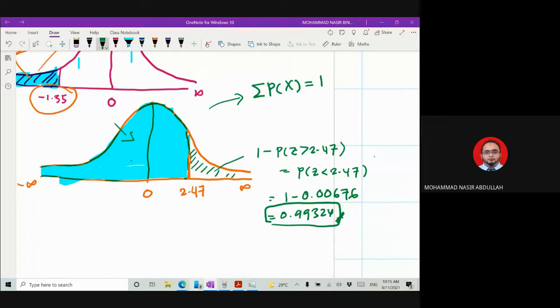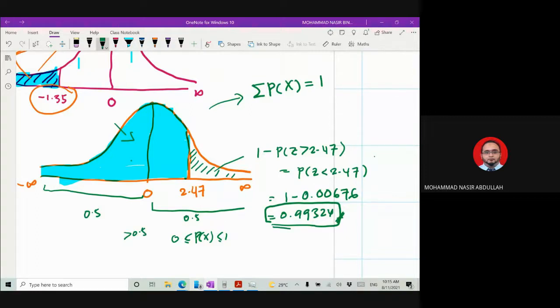So now, to check whether our answer is correct or not, the first check is that the probability value should lie between 0 and 1. So 0.99 lies between 0 and 1. And the total area on the right hand side consists of 0.5, and this area consists of 0.5. So this total area should be more than 0.5.